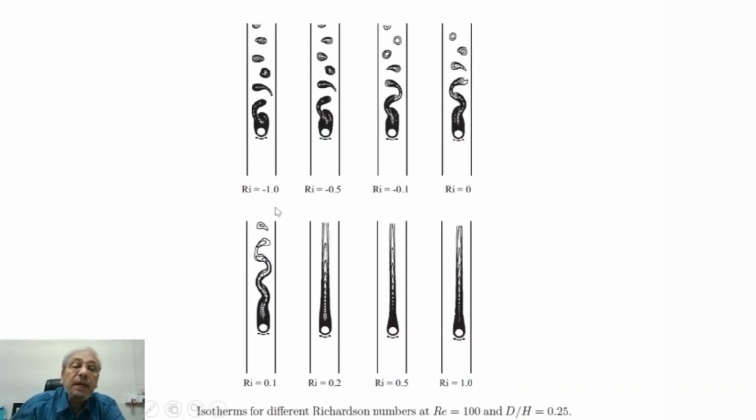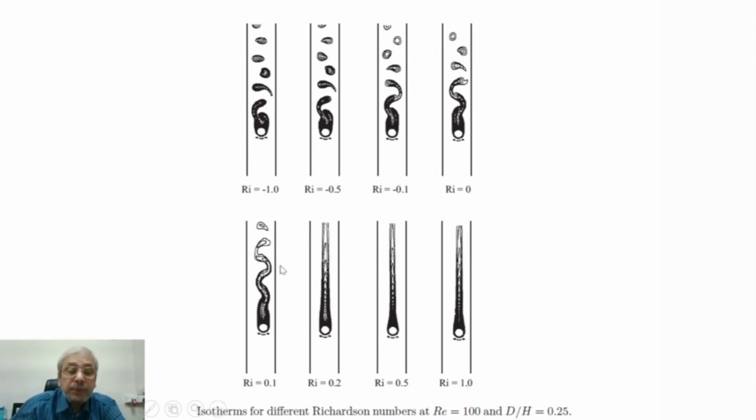You can see here for different Richardson numbers, these are negative Richardson numbers, up to Richardson number 0, we can see vortex shedding is taking place. Even at Richardson number 0.1, we can see shedding is taking place. But from Richardson number 0.2 onwards, that means 0.2, 0.5, 1, etc., we can see the vortex shedding is no longer there, right?